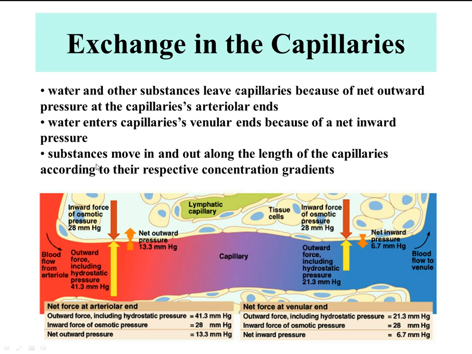It's going to move in respect to the concentration gradient. Here we lost water, so you have a higher solute concentration here, so the water is going to move to where you have more solids, because if there's more solids, there's going to be less water. So you have osmotic pressure.